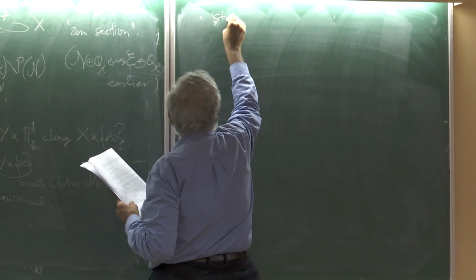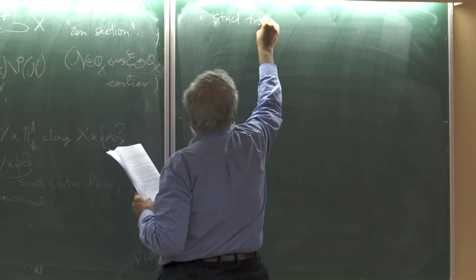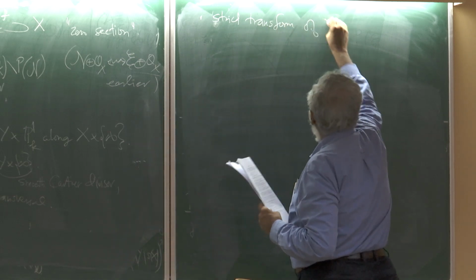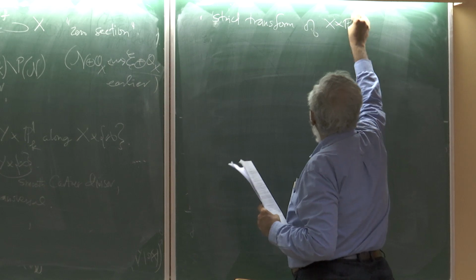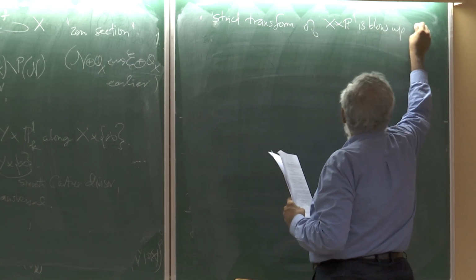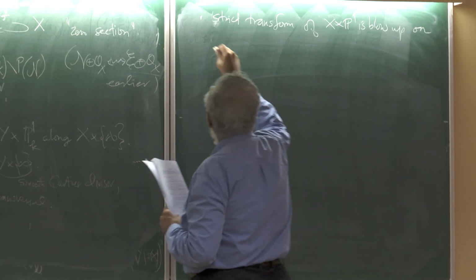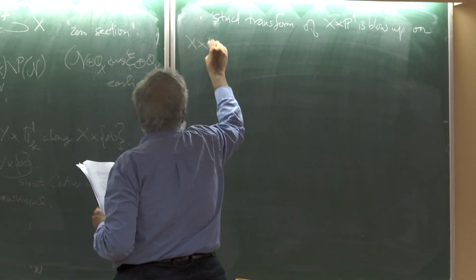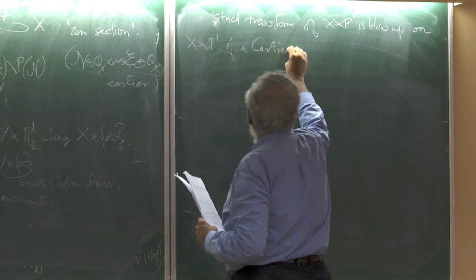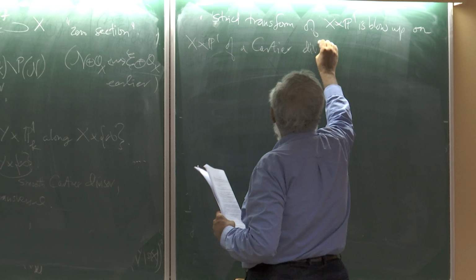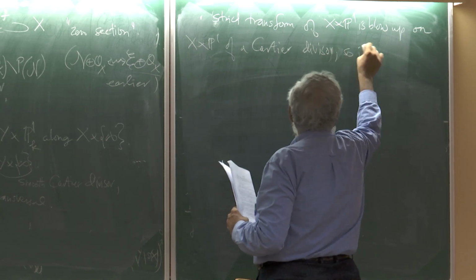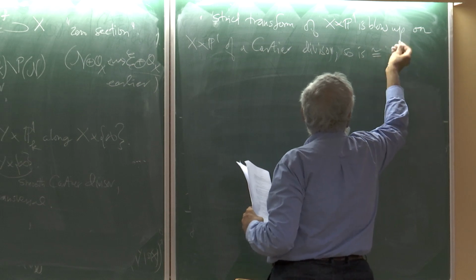First, the strict transform of X cross P1 is the blow-up on X cross P1 of a Cartier divisor, so it is canonically isomorphic to X cross P1 itself.